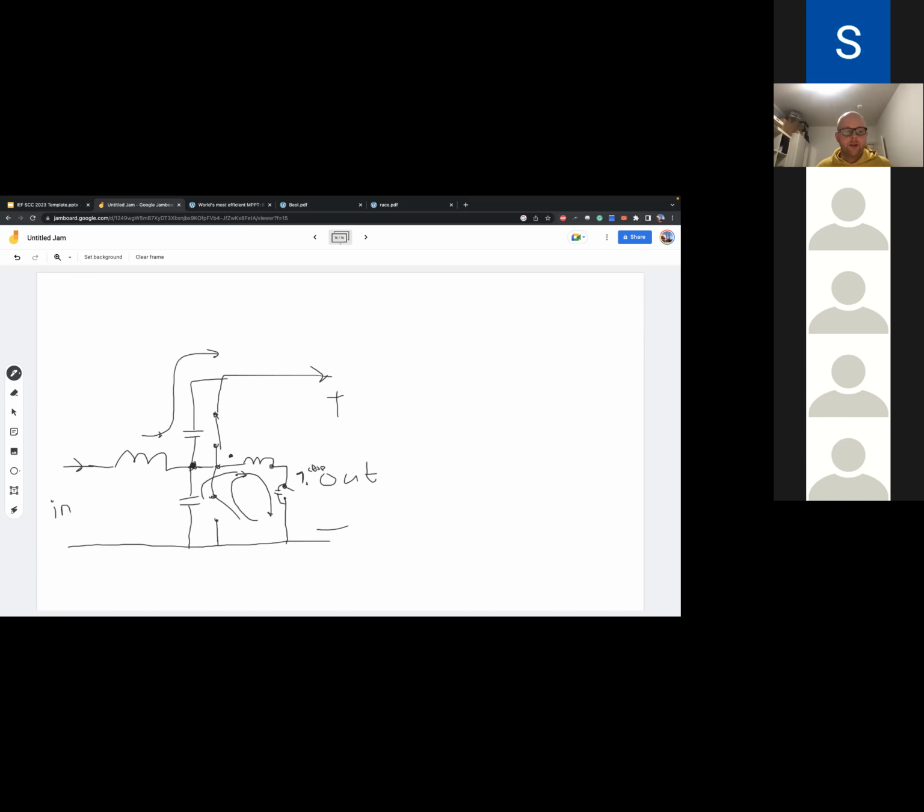You basically transfer the energy from the capacitor into the extra inductor L2. Because you're discharging this capacitor, the voltage drops to 0 without wasting the energy in that capacitor.